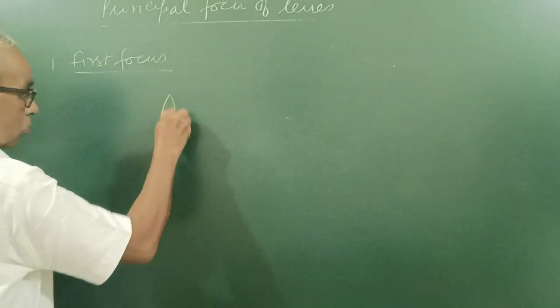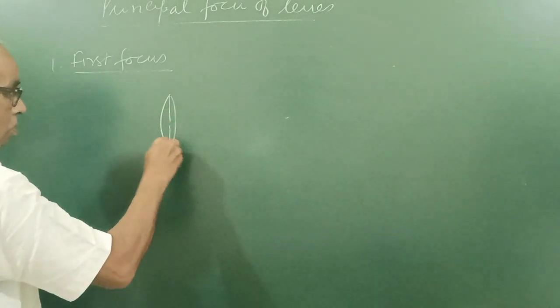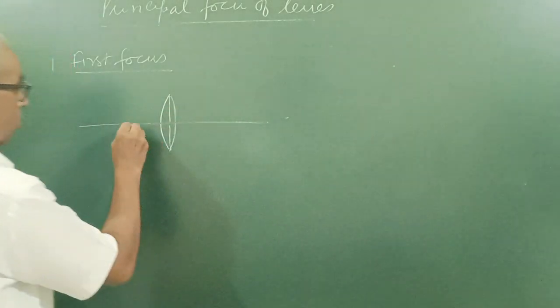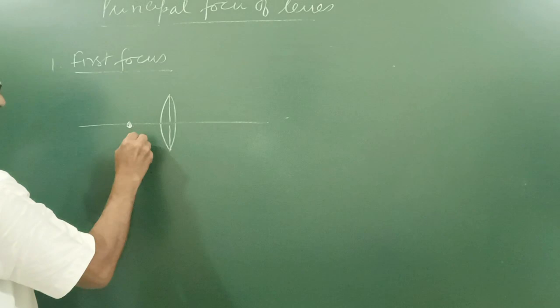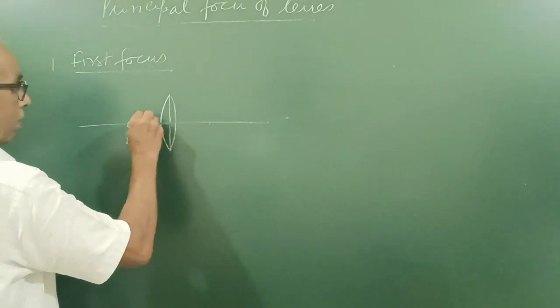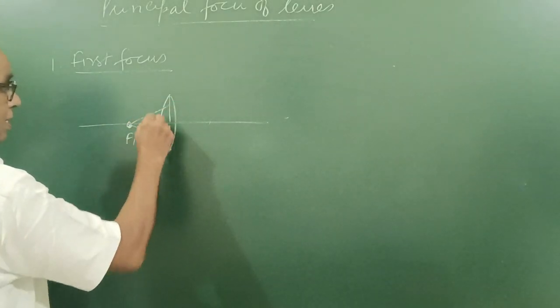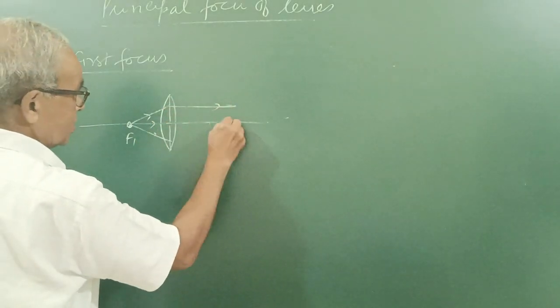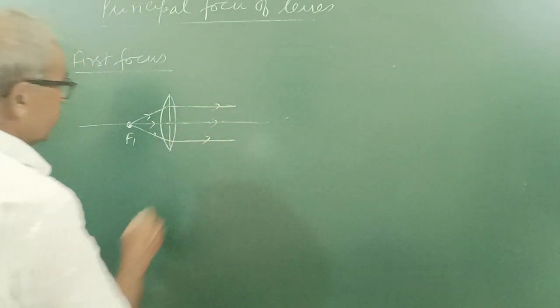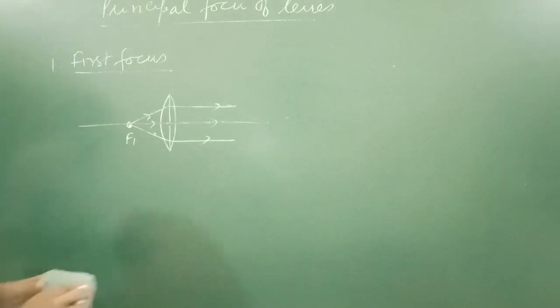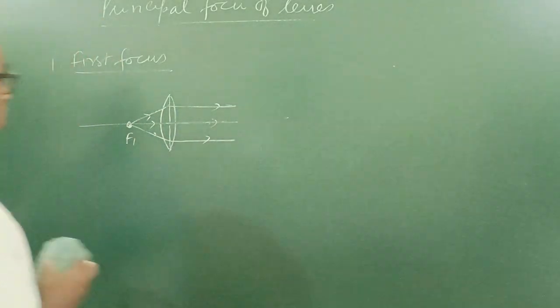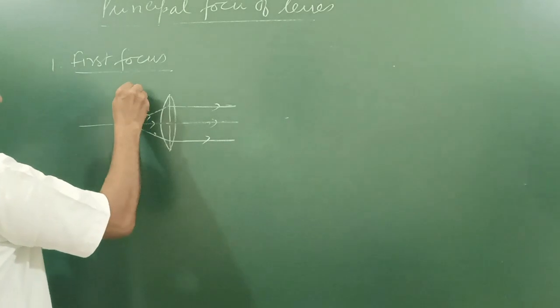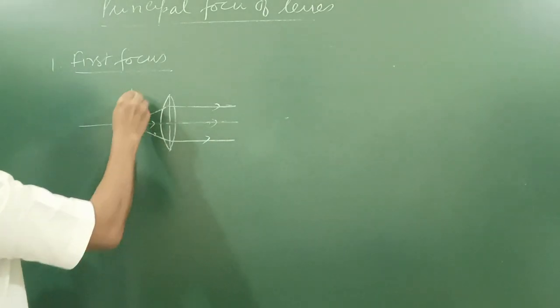First focus, it is the first focus here. So rays diverging from it become parallel to the principal axis, a diverging beam is rendered parallel to the principal axis. Here a plane perpendicular to the axis is called the focal plane.